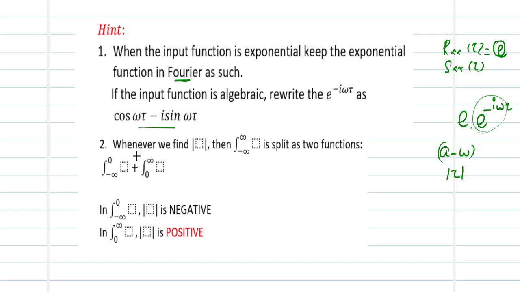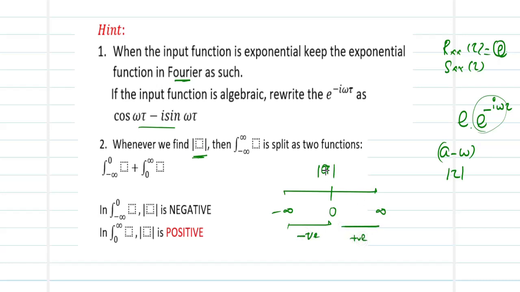The second hint is that whenever we have the modulus of a function as input, we need to keep in mind that the modulus behaves in two different ways in the entire range from minus infinity to infinity. From 0 to minus infinity, the modulus takes a negative value, and from 0 to infinity it takes a positive value.